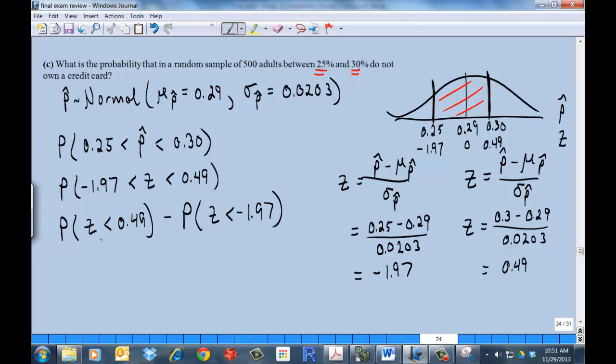So let's look 0.49 up in table 5, and we get 0.6879, and 0.0244 when we look up minus 1.97. So that gives us the area under the curve here, 0.6635.